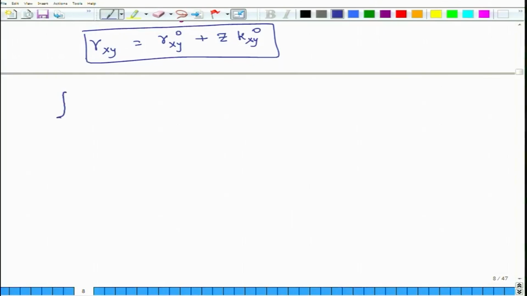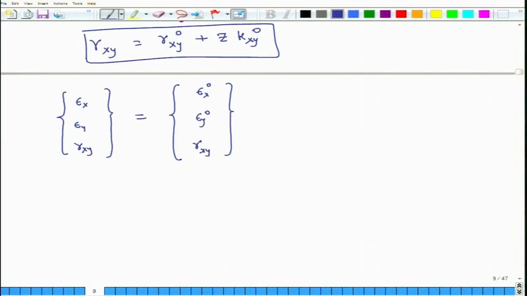So, I have 3 strains, epsilon x, epsilon y, gamma x y, and these are equal to the sum of their mid plane strains, epsilon x naught, epsilon y naught, gamma x y naught, plus z times, and z is the coordinate of the point of interest, z times respective curvatures k x naught, k y naught and k x y naught.